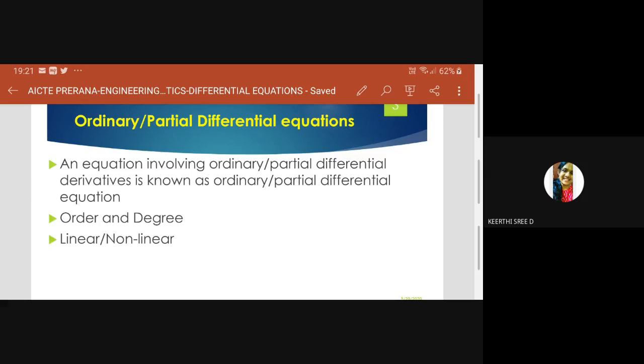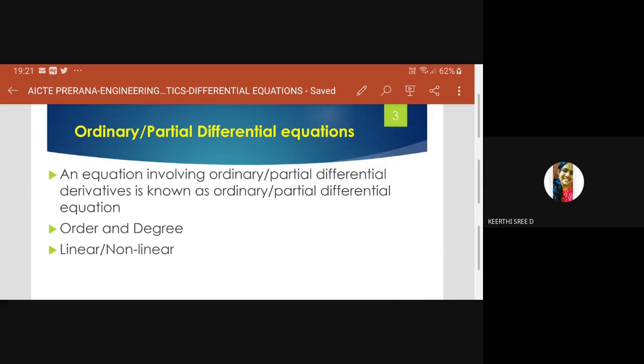An equation involving ordinary or partial derivatives is known as an ordinary or partial differential equation. That is the formal definition. You probably know order and degree; as and when an example comes, I will explain.